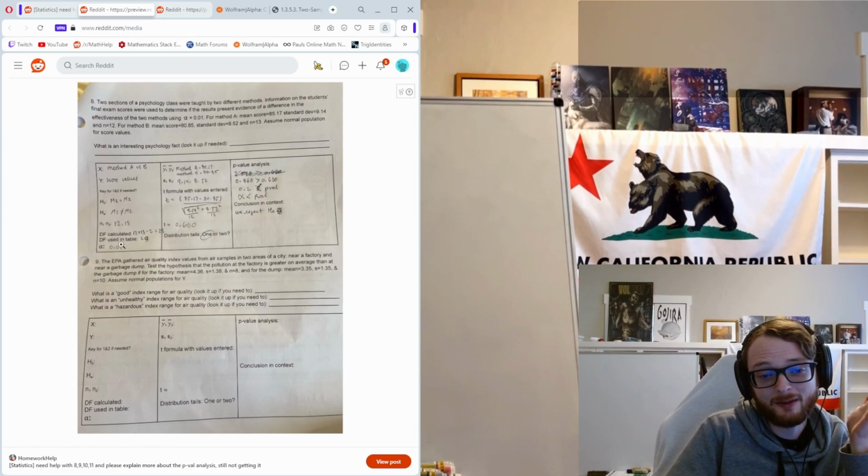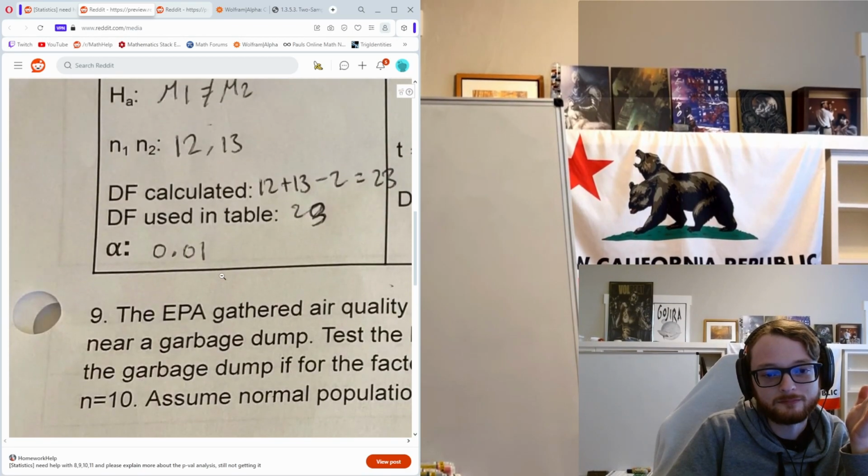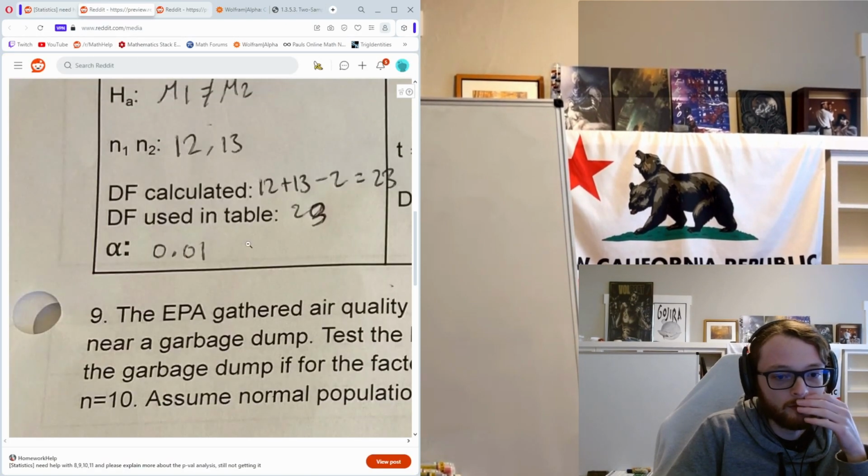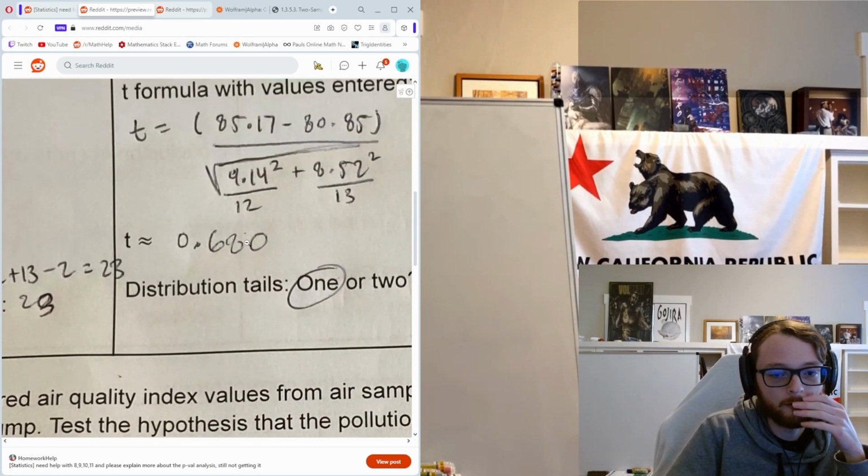And well, I think maybe not, because they say DF calculated and DF used in table, which makes me think that the DF calculated is going to be a crazy decimal like you would get from this fraction. And then you would round it down when you're actually looking at a t table. Alpha is 0.1.